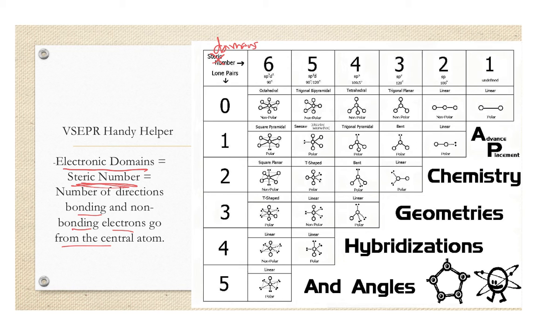So again, as I think about it, if I go CH4 like that, how many domains do I have? I have 1, 2, 3, 4 domains. Okay. Likewise, if I did something like this, how many domains do I have now?